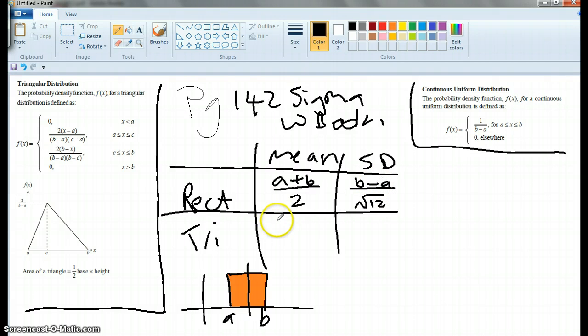With the triangular, the mean is a plus b plus c over 3. And again, mathematically, that could be a lot of fun. But we're not going to go there. We're just plugging things into the formula.